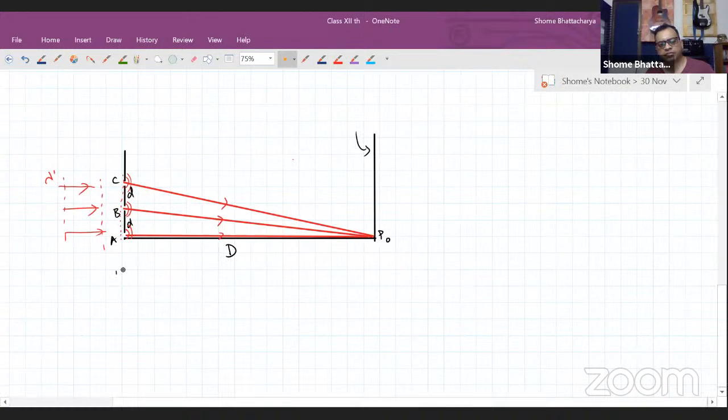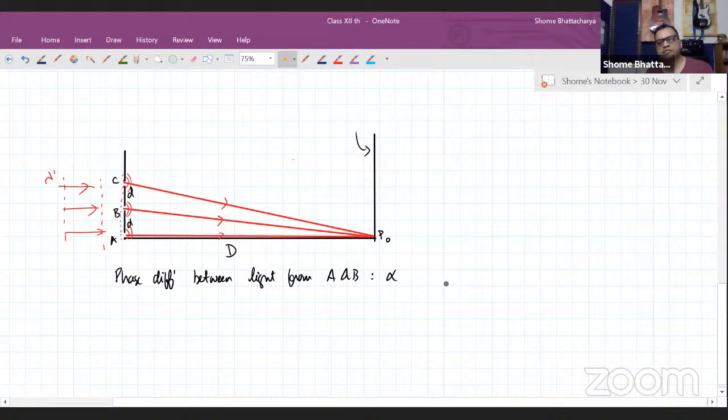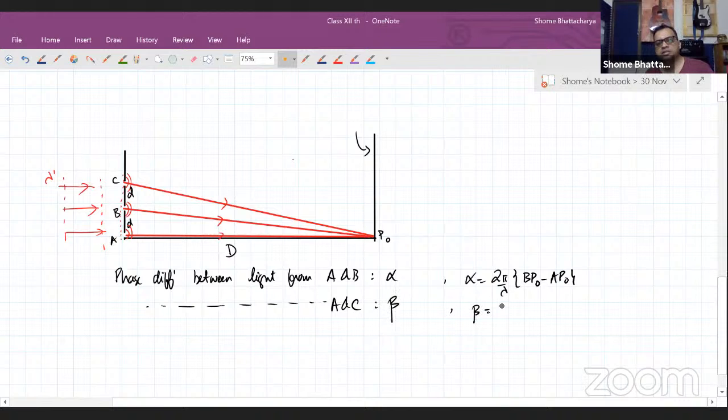The phase difference between the light from A and B, let's say that is alpha. So alpha is equal to 2 pi by lambda into this path difference. And similarly the phase difference between light from A and C is beta. So beta is 2 pi by lambda times Cp naught minus Ap naught.